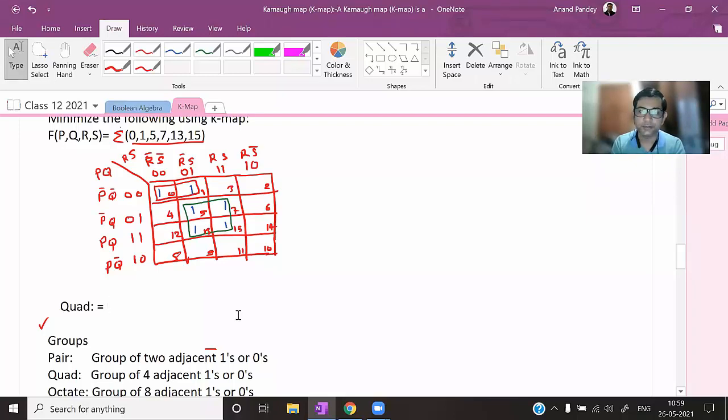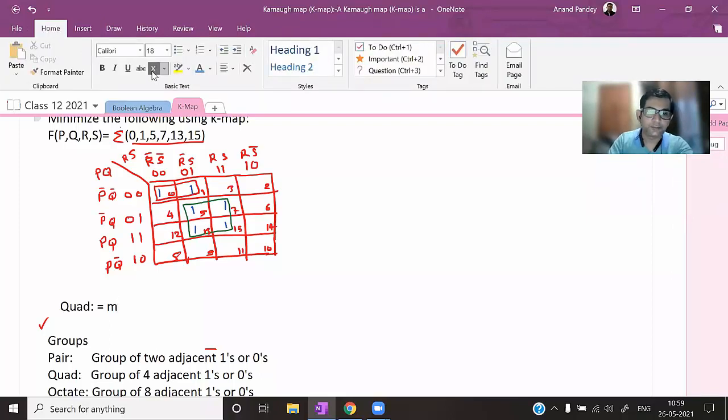Do you remember that? What is a min term? Product of all the literals with or without bar. So min terms, here we'll use small m like this, m5 plus.